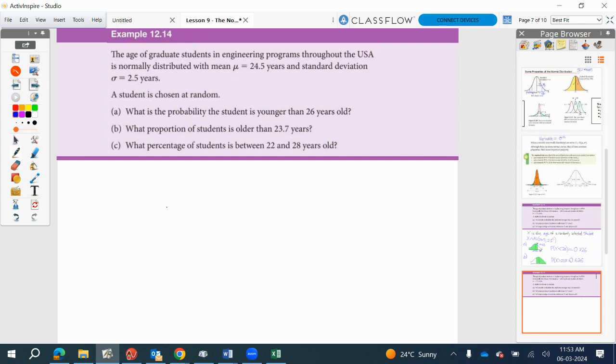So we'll go to question C. The percentage is 76.4. You have to times by 100 for percentage. Look at the mean.